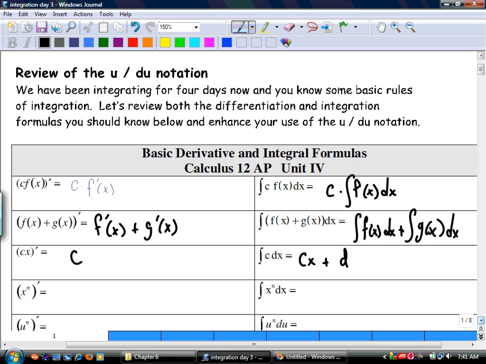The derivative of x to the n is n x to the n minus 1. The antiderivative of x to the n is x to the n plus 1 over n plus 1 plus some constant c.